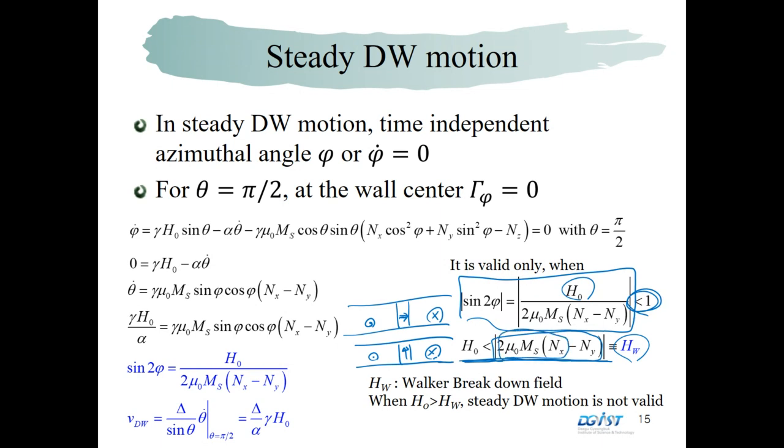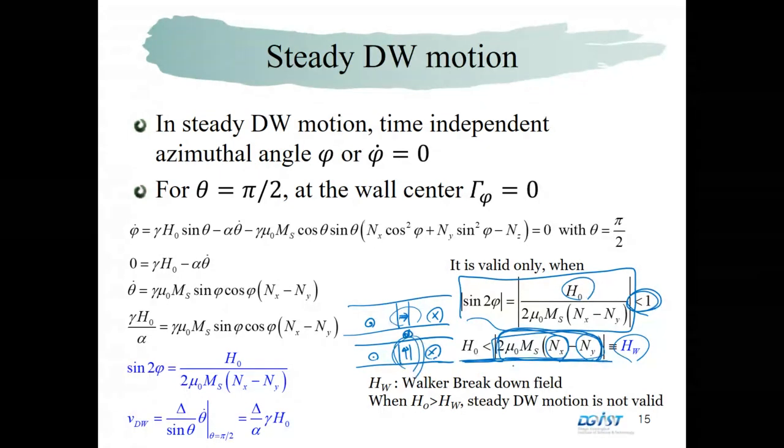This term, the NX is this direction, I'm sorry, this one, and NY is this one. So this term actually gives us the energy difference of these two domain walls. This is the Néel type and Bloch type.